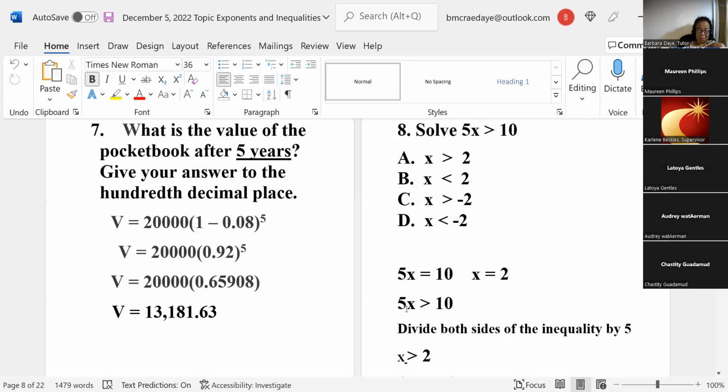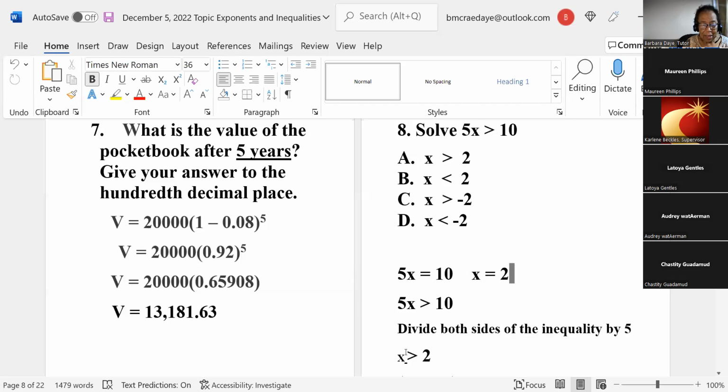In order for 5 times some number to be greater than 10, that number has to be greater than 2. Because if it's equal to 2, then 5 times 2 is 10 and they're equal. But that's not what we're saying. We're saying 5 times some variable is greater than 10.